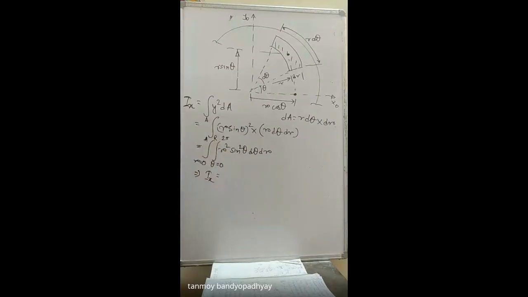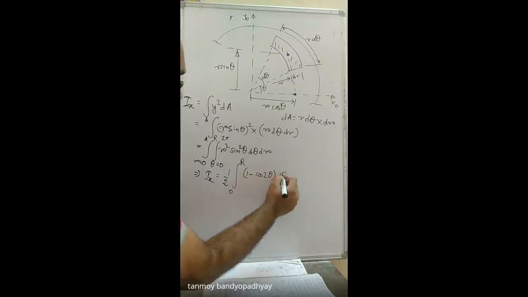So keep r square as constant. Take half to be common. So you are left with integration of 0 to capital R, and it will be 2 sin square theta, that is 1 minus cos 2 theta d theta.